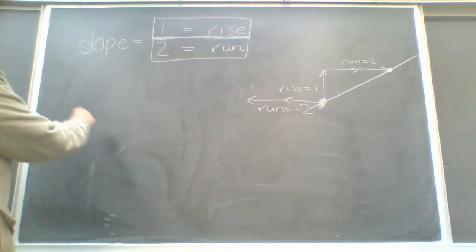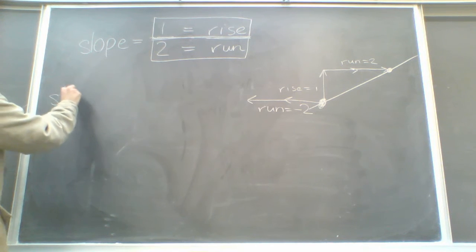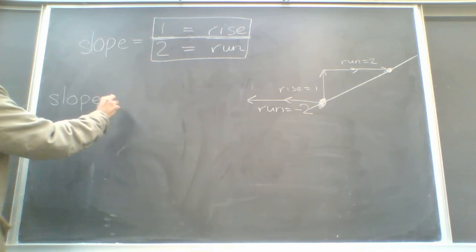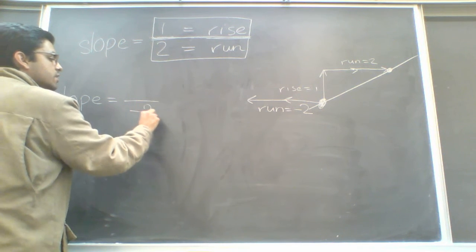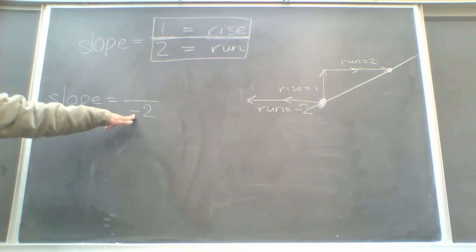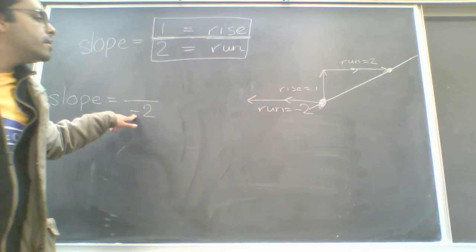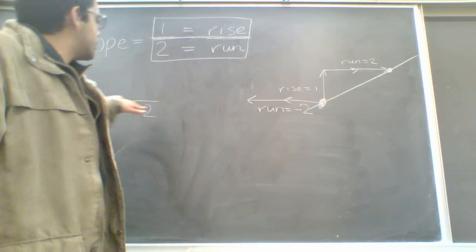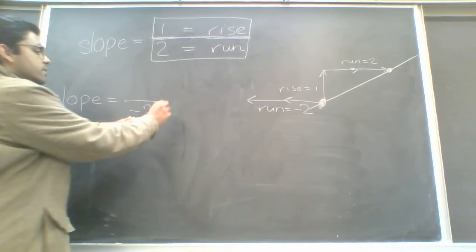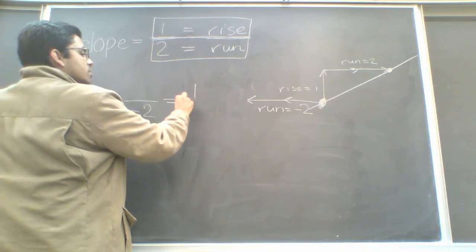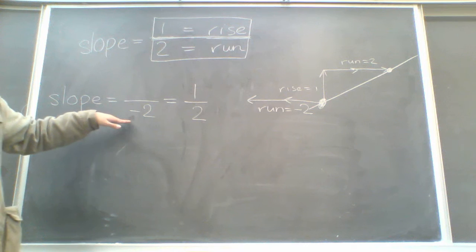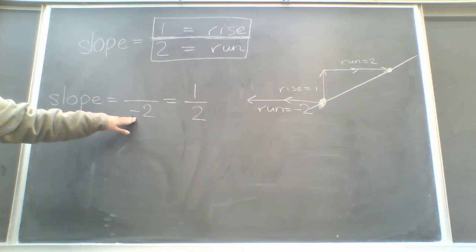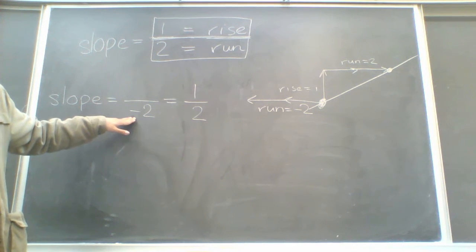So that means in your slope, you don't have a slope of 1/2 anymore. We need to figure out the rise, but the run is -2, so we have a negative in the denominator for a second. In order to get rid of that, we know that our slope is supposed to be 1/2, and what we have so far is a denominator of -2.